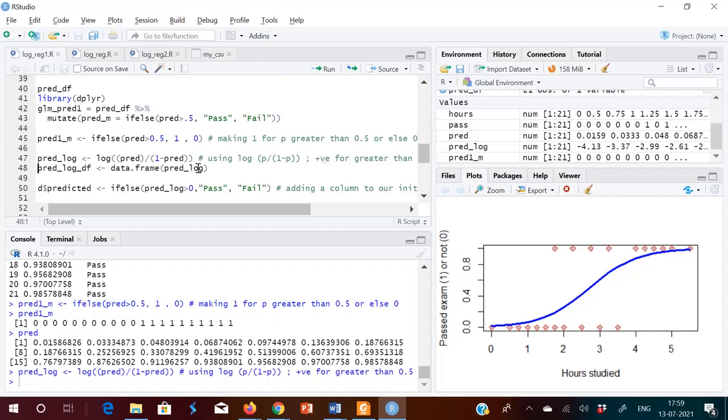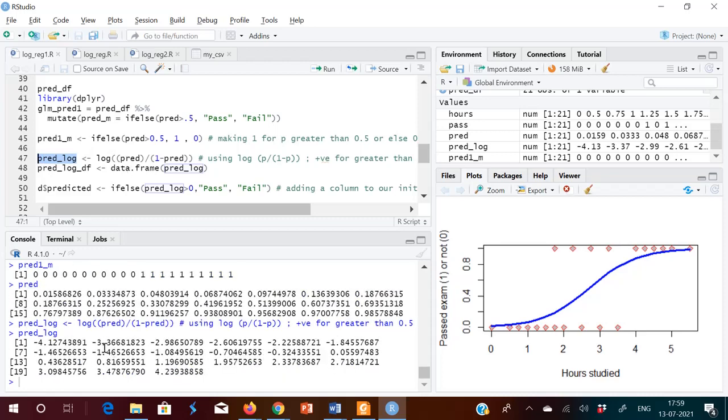Now that is executed, you can see what is in that. This value is less than 0.5, so corresponding to that you got a negative. Here it is greater than 0.5, so you got a positive value. Same as before, when we predicted, if it is greater than 0.5, I wrote pass.